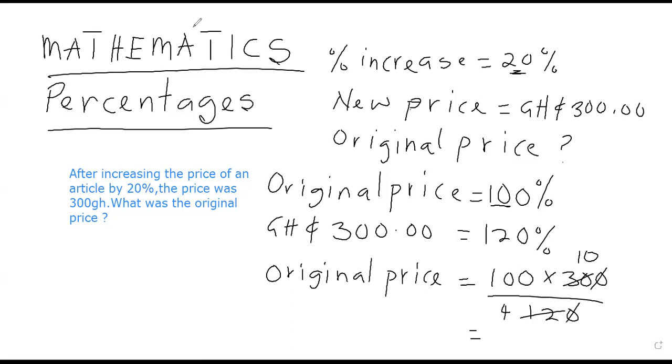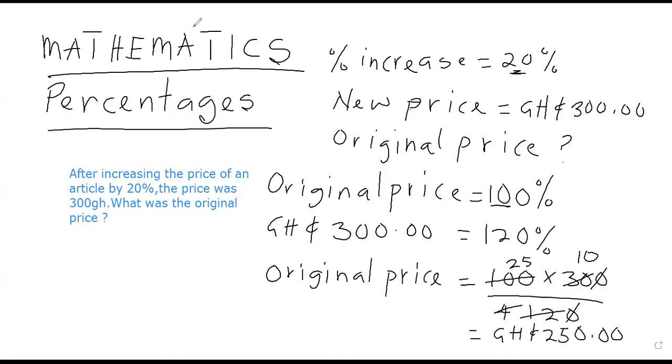Now we can divide 100 by 4. 4 times 25 should give you 100. And then 25 times 10, that is 250 Ghana cedis. That is 250 Ghana cedis.